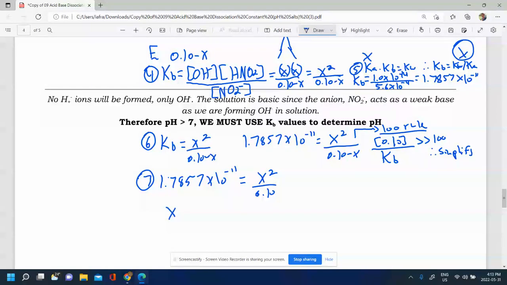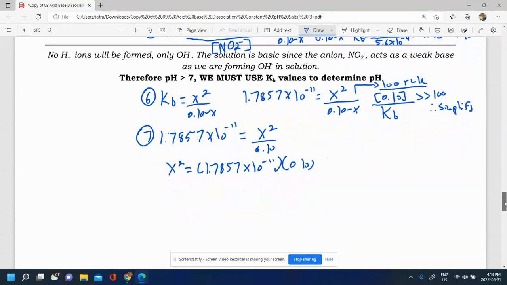So that means that our x squared is equal to 1.7857 times 10 to the power of negative 11 times 0.10. That means that our x is simply the square root of that. So x is square root of 1.7857 times 10 to the power of negative 11 times 0.10.